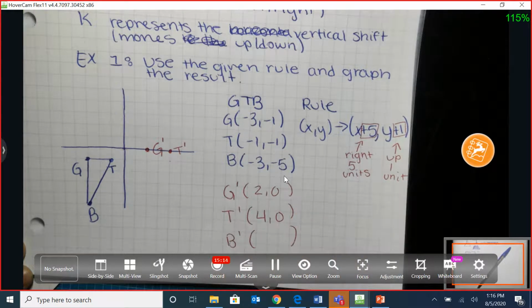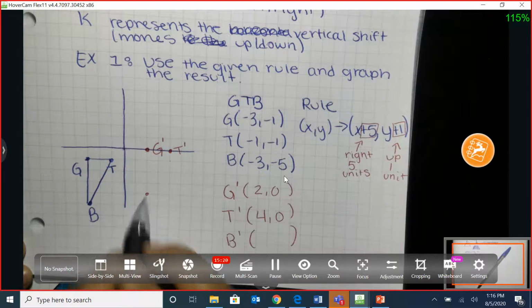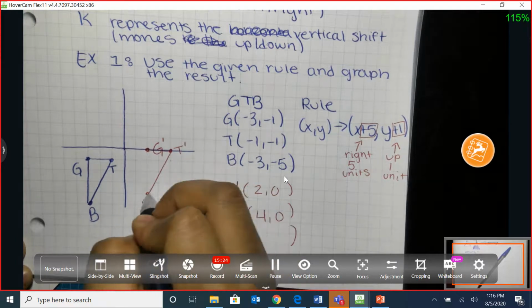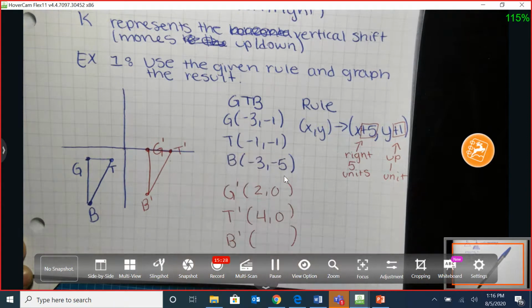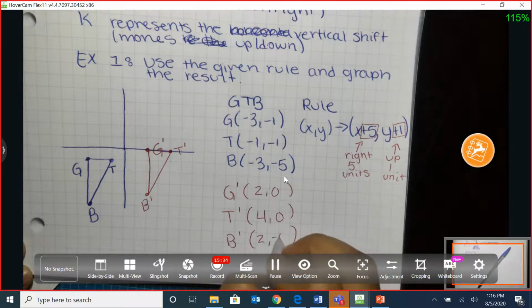And then B prime, the same thing. We're going to go 1, 2, 3, 4, 5, up 1. There is B prime. Now, what's my new coordinate here? Positive 2, negative 4. That is correct. Thank you so much.